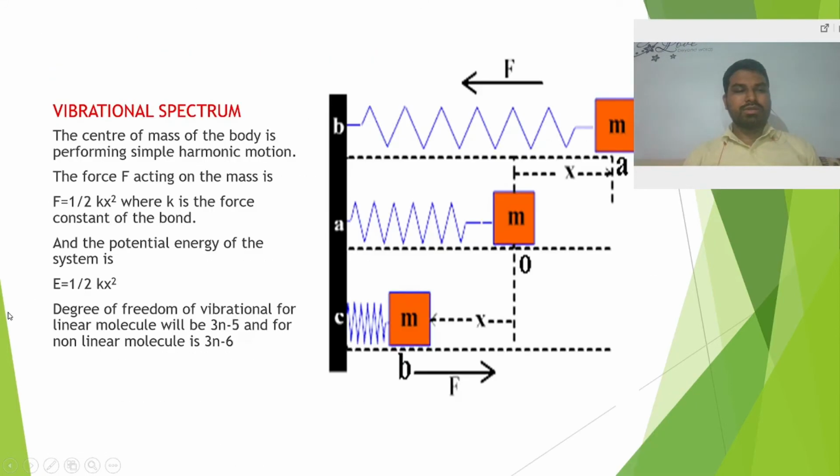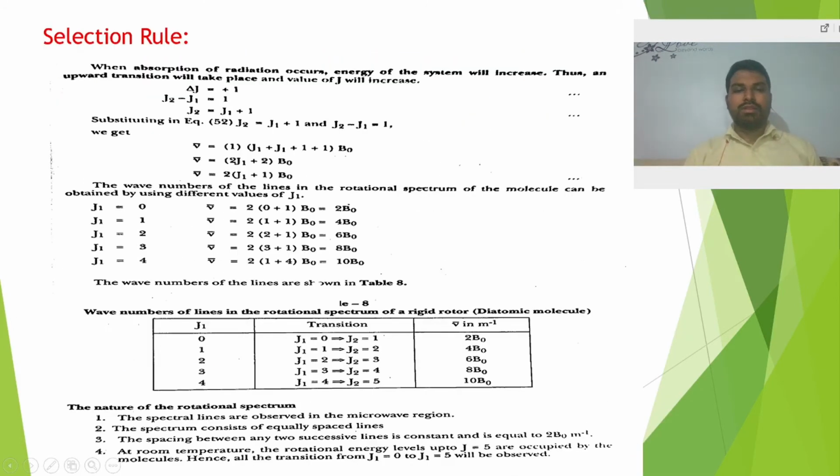In this table, the wave numbers of lines in the rotational spectrum of a rigid rotor, that is a diatomic molecule, are shown. Over here the transition is given when J1 is equal to 0 and J2 is equal to 1. When the molecule goes from 0 to 1, the wave number will be 2B0.